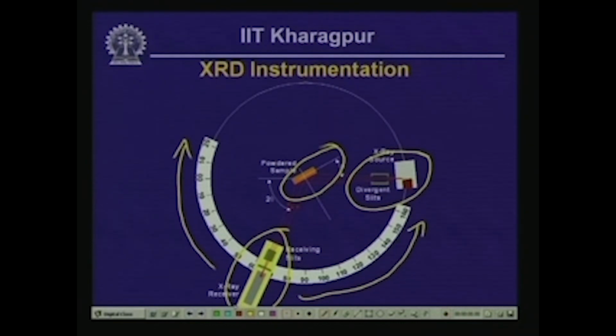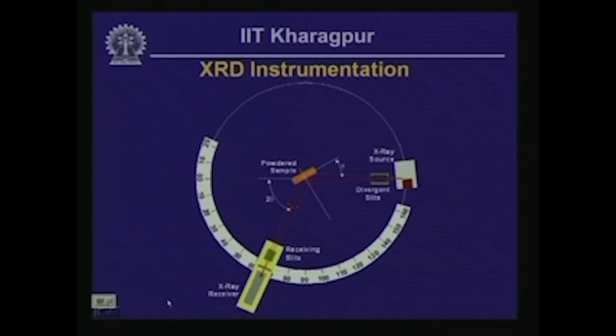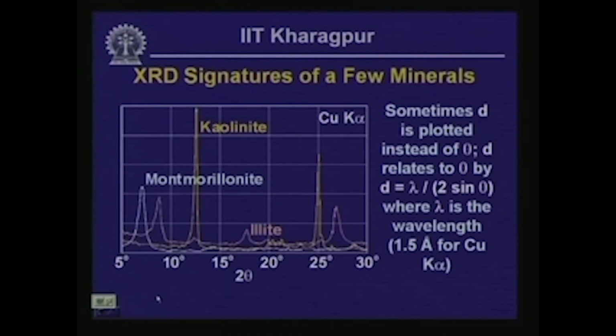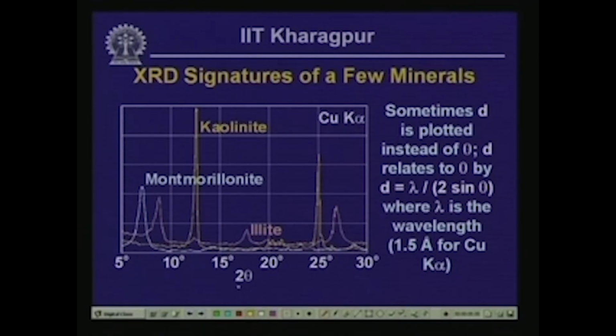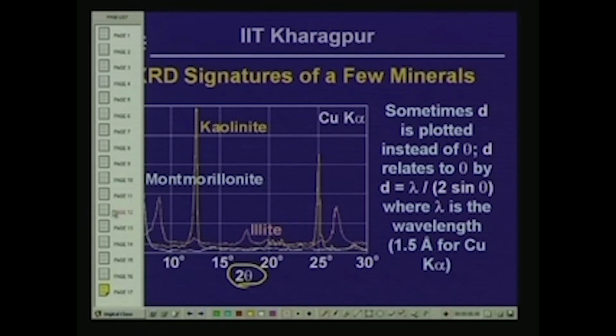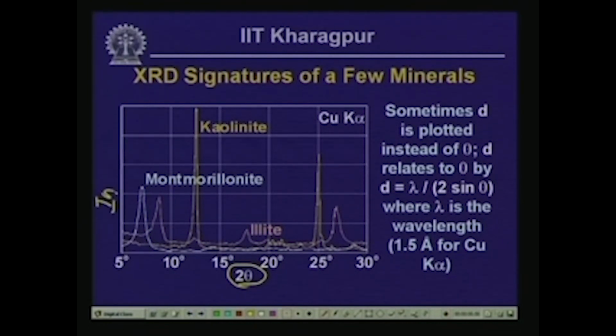What we do is plot the intensity of the received signal as a function of the angle, and what we get in that process is this. We plot the angle, and on the vertical scale we have the intensity of the X-ray signal, and you can see at different angles, depending on what mineral you are looking at, you are going to receive a very intense radiation.